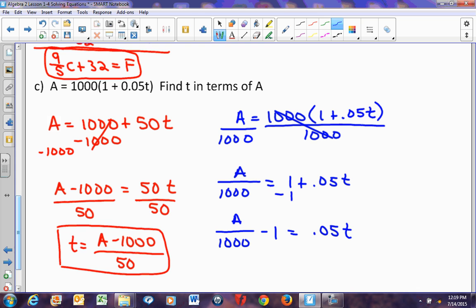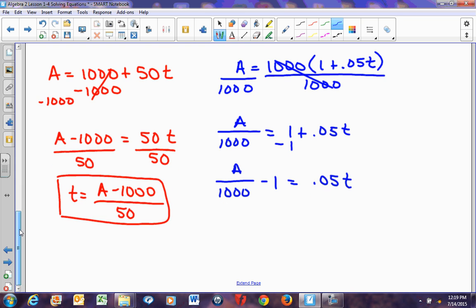Here's where it gets a little hairy. This is why this form of the question is a little bit harder. Now I'm going to divide by 0.05. Or in other words, multiply by 1 over 0.05. It's the same thing. If I divide by 0.05, that's the same thing as multiply by 1 over 0.05.